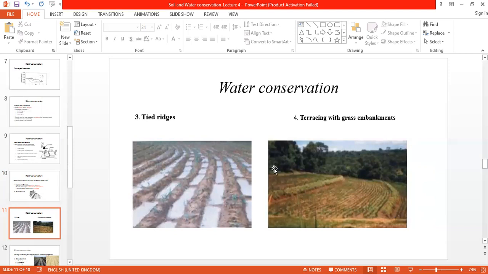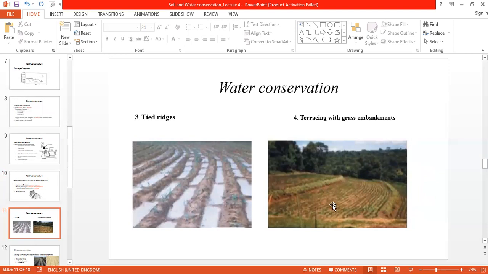If you are blocking the water here, it will have enough time in this area to infiltrate. The rate at which it's moving will be reduced, and it will start to go down into the soil. So we have reduced the rate of runoff and increased the rate of infiltration when we use terraces with embankments.